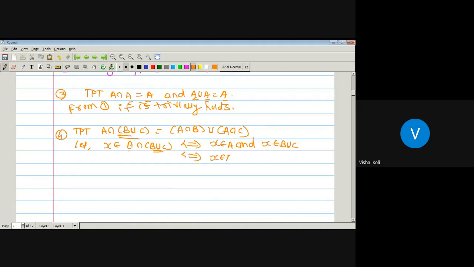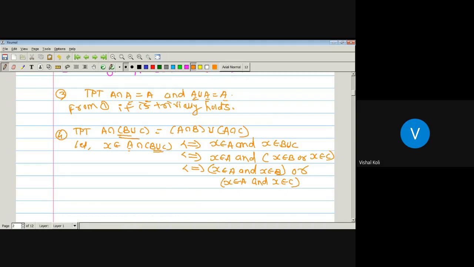Okay. Now this can be written as X is belonging to A and now here X is belonging to B union C. But B union C contains all those elements which are belonging to either B or C. Therefore, X is belonging to B or X is belonging to C. Therefore, this total can be written as X belonging to A and X is belonging to B, or X is belonging to A and X is belonging to C. Since these are the two possibilities here.